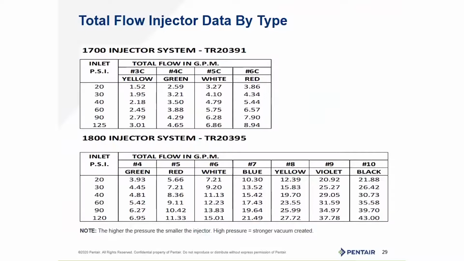Same thing with the 1800 injector. If you're dealing only with 40 psi, you're going to skip to that red injector as well. But if you were in Chicago, you're going to have to skip up to the 7.21 gallon per minute in the white to effectively manage that brining.